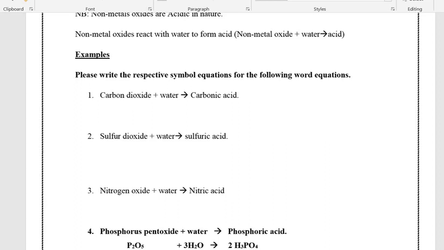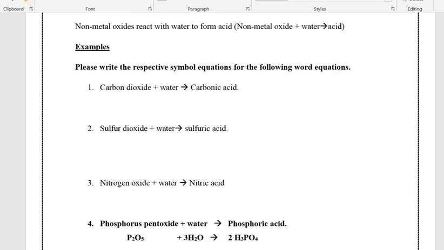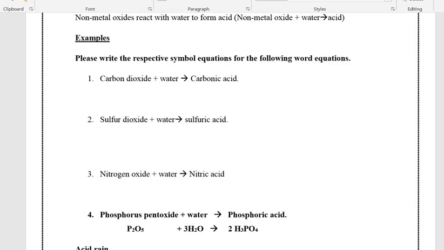If we were to add another oxygen to make it H2SO4, because sulfurous acid, as you observed on the diagram, had a double bonded oxygen, you break that double bond, join another oxygen, and that gives you sulfuric acid. So when you react a nonmetal oxide with water, that is what gives you an acid.